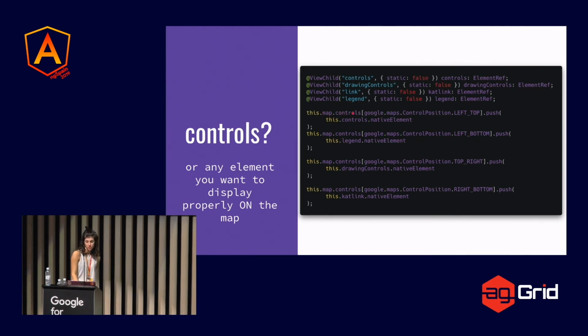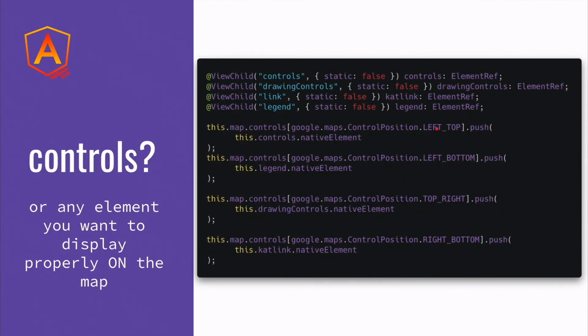Map controls is sort of an array which contains any control that you want to appear on the map. In the map controls, you can use the control position and decide where each one goes, and just add the element reference there.